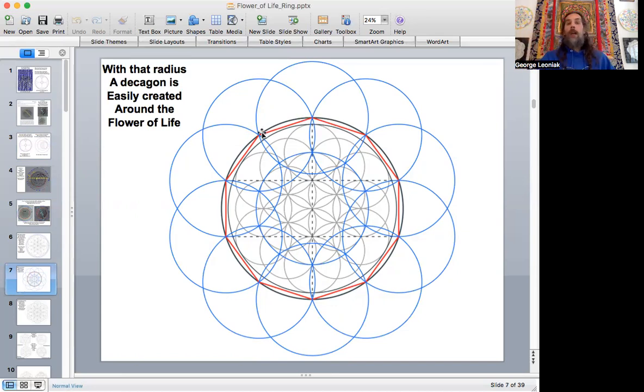That will extend regularly if we're creating from the central flower of life points, like from the central hexagon or making a star, extending it out to that larger ring. That gives you the points around that larger radius circle, the perfect place to create the decagon around it.